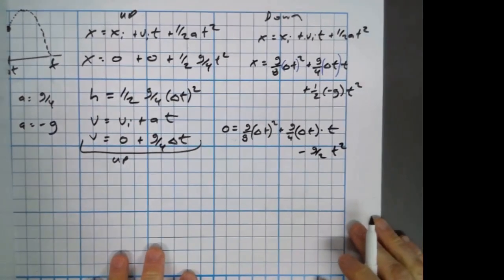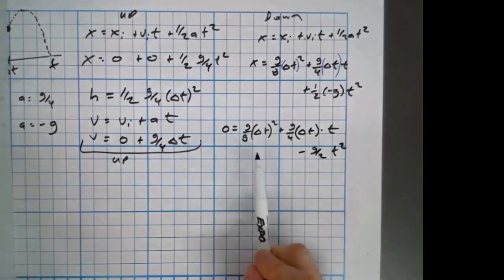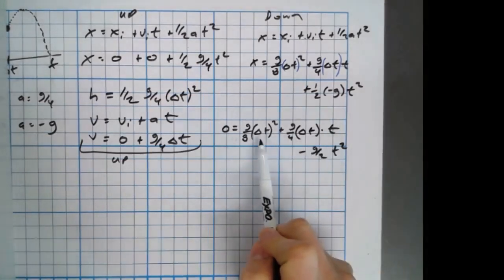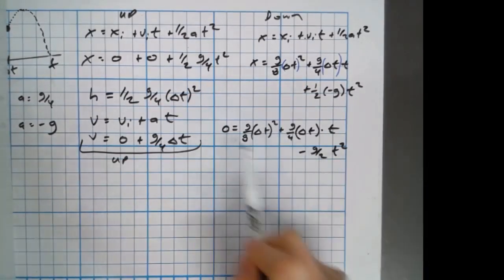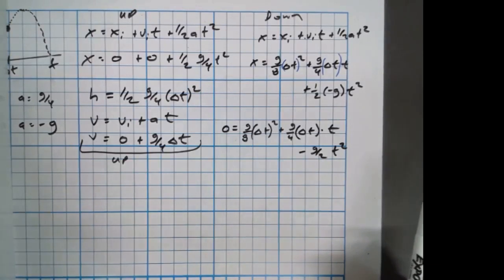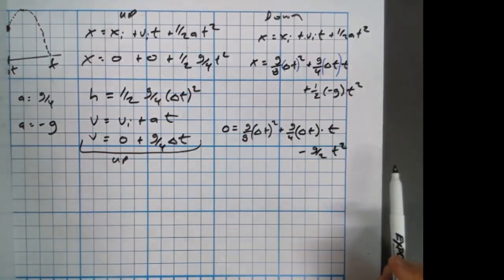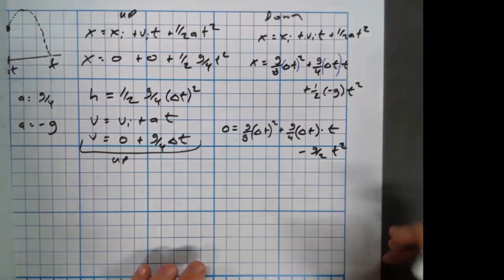All right, well, that's a quadratic equation. I've got a term squared, a term linear, a term constant, all equal to 0. How am I going to figure out what moment in time makes it true that this whole thing is equal to 0? I'm going to use the quadratic formula.